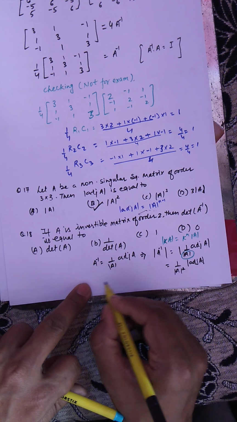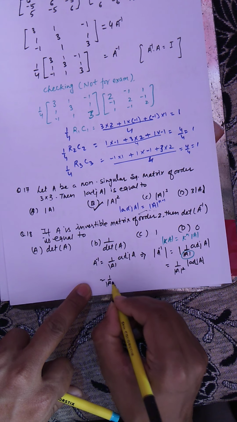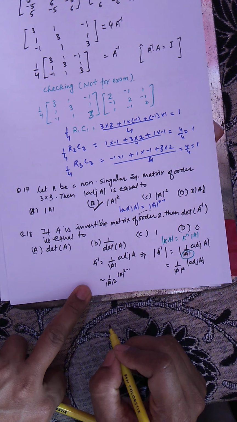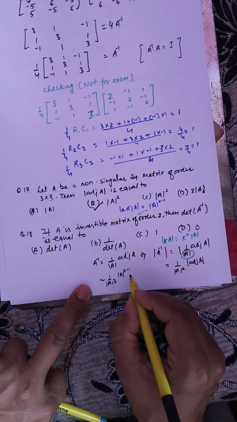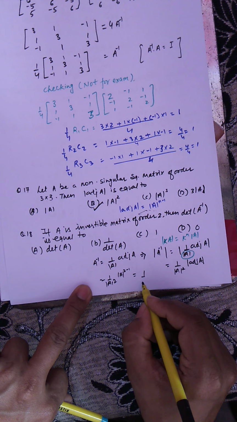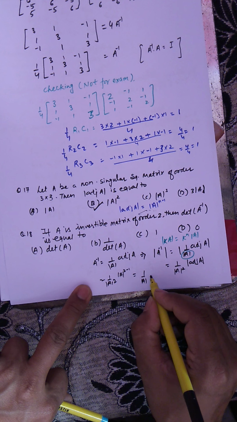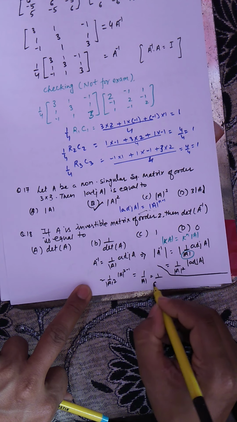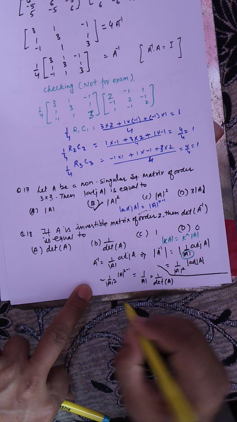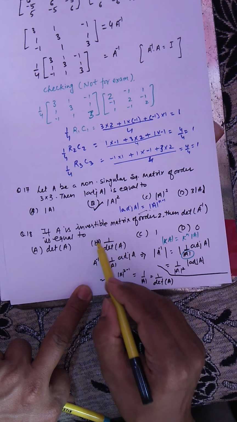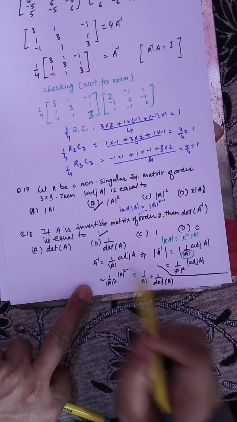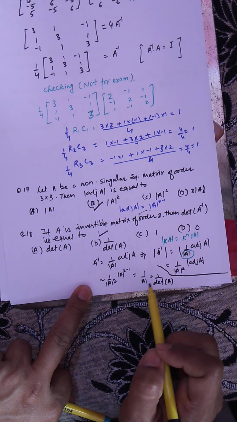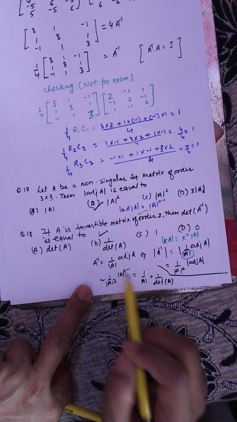So this will ultimately be 1 upon determinant of A cubed into determinant of A square. So this will be 1 upon determinant of A only. So your option B is correct. Please ask again if you have not understood this. But this is very, very important, please keep it in mind.